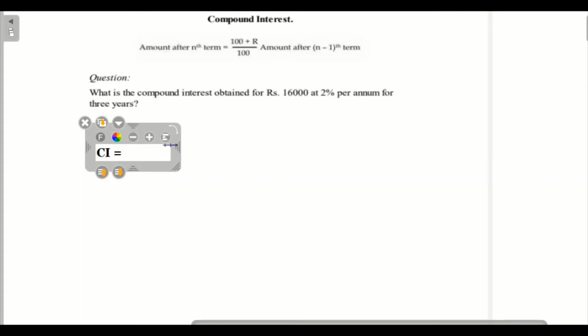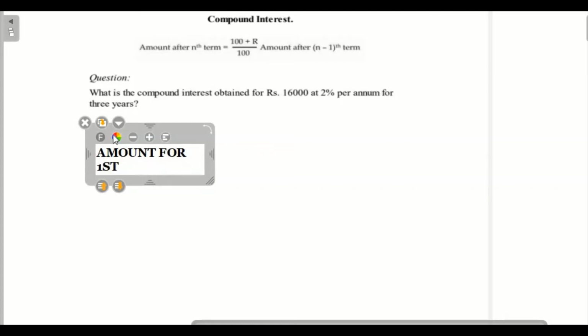So the amount he gets for the first year. Compound interest, we have to calculate year by year. So amount for first year equal to, we have the formula.